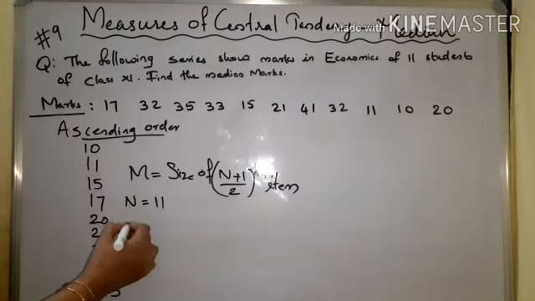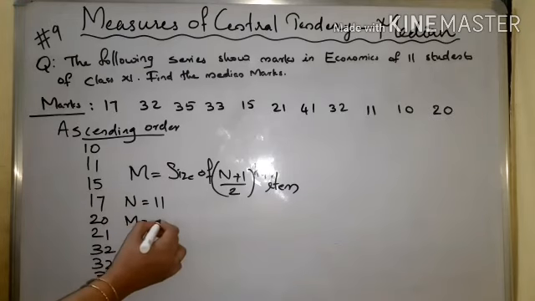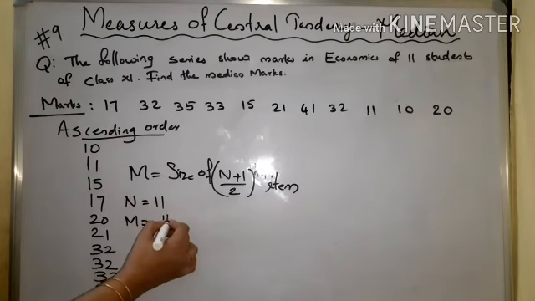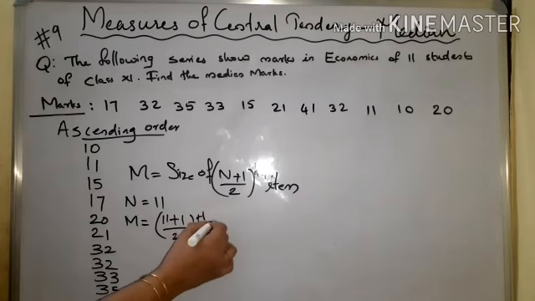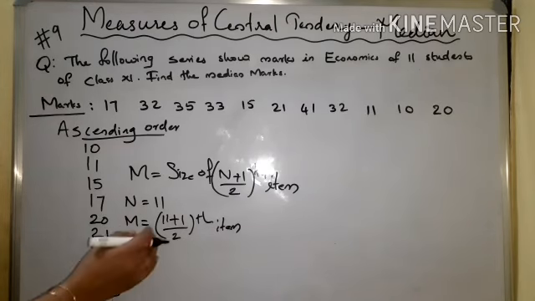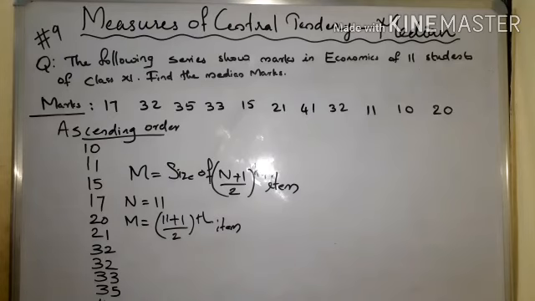Then the equation: M is equal to size of 11 plus 1 by 2th item, representing the median. 11 plus 1 is 12, 12 divided by 2, that is the 6th item.